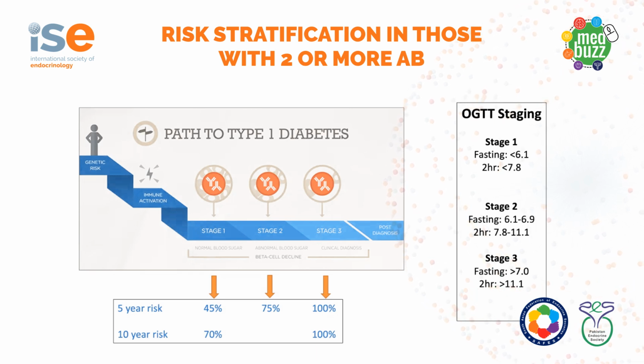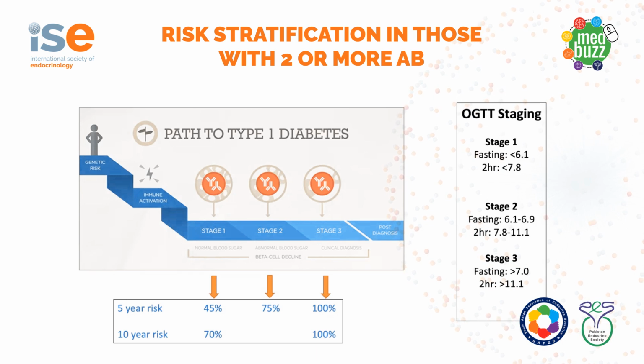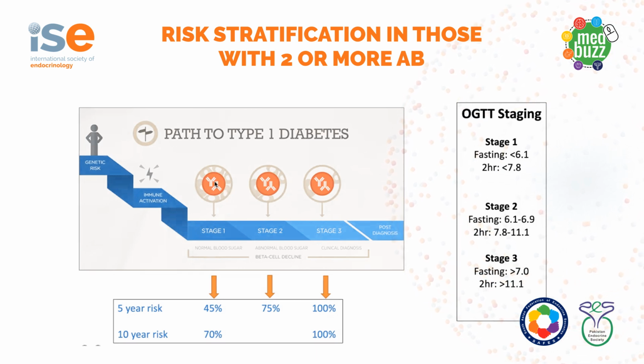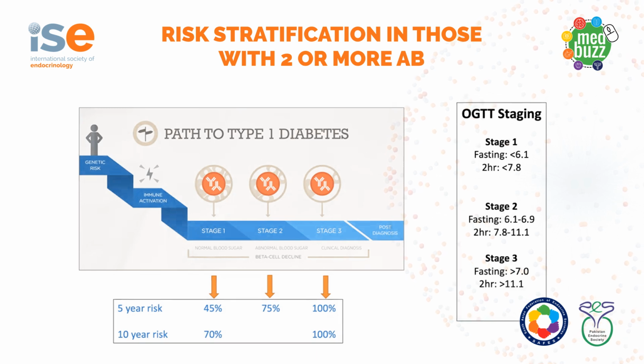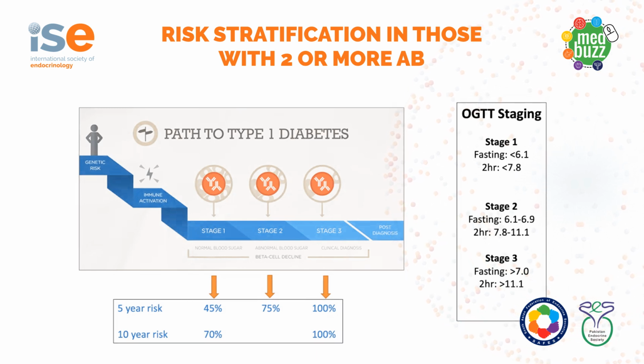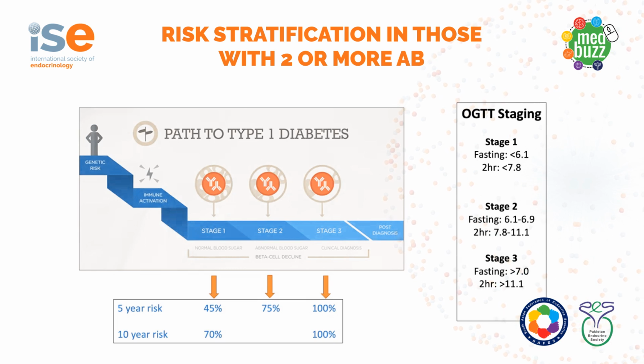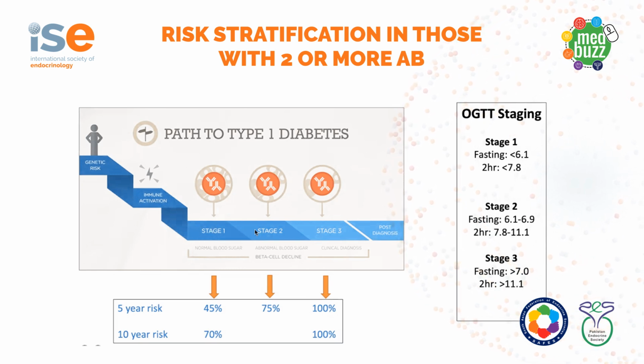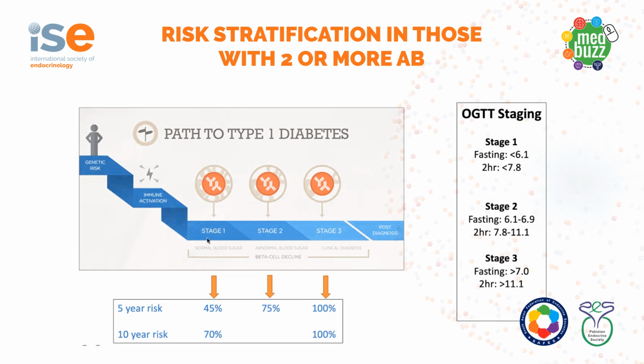And in fact, now the ADA and the European guidelines suggest that even when they're two antibody positive, even if the glucose is normal, we should call that type 1 diabetes. And the stages here are stage 1, where on the oral glucose tolerance test, the glucose values are normal.